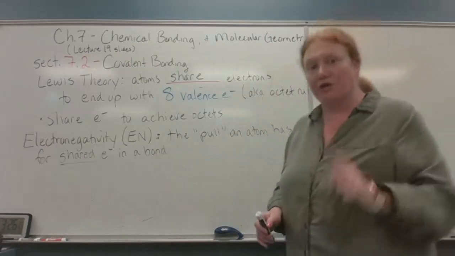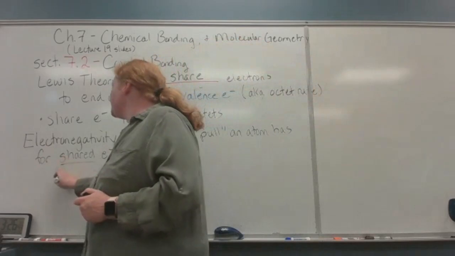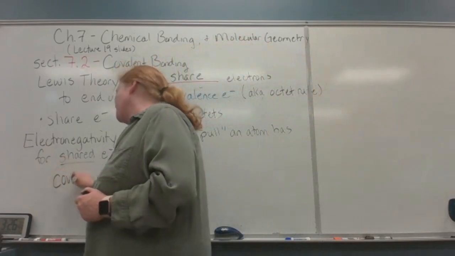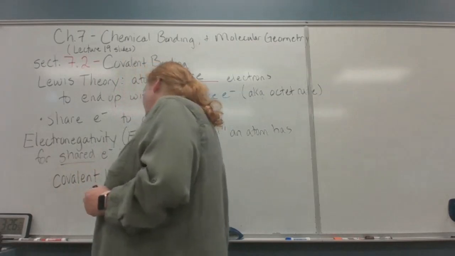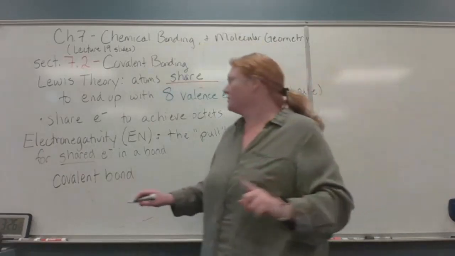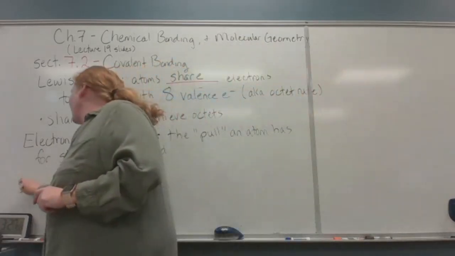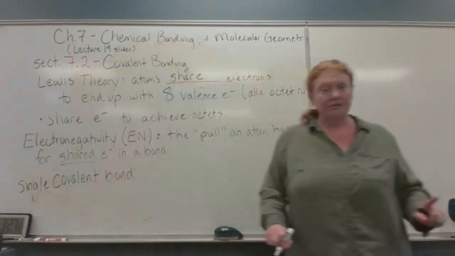A bond is going to be 2 electrons. And specifically, we're looking at this for covalent bonds, right? A covalent bond is when 2 electrons are shared. In fact, what we call that is a single covalent bond.